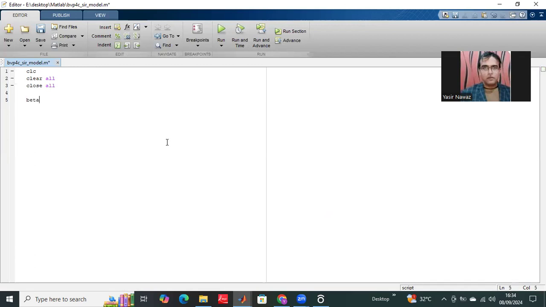Suppose beta is 0.1 and gamma is also 0.1. It can have some other value too.